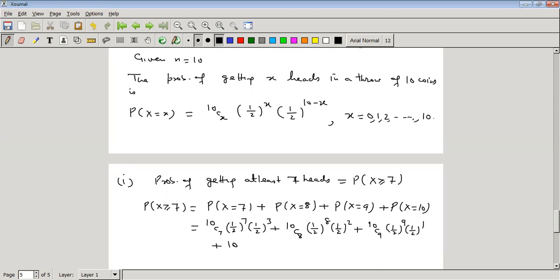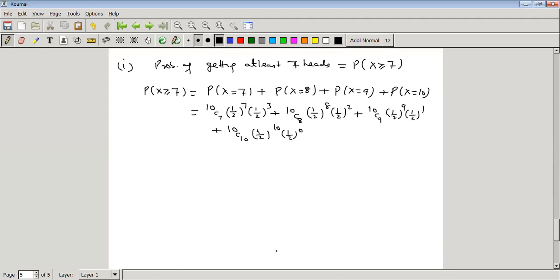Probability of X equal to 10: 10C10 (1/2)^10 (1/2)^0. When we solve this, we get 176 by 1024, that is 0.1719. So this is the probability of at least 7 heads.